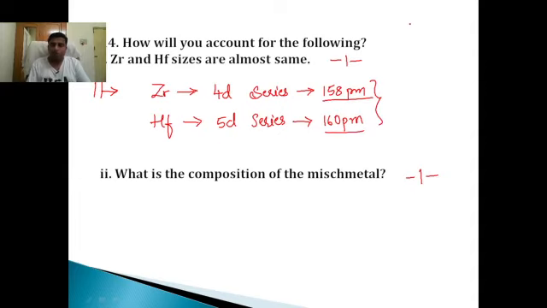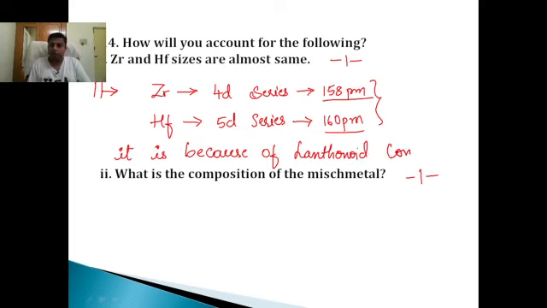We know as we go down the group, atomic size should increase, but 4D series and 5D series elements have the same atomic size or same atomic radii. What is the reason? Very simple. It is because of lanthanoid contraction.